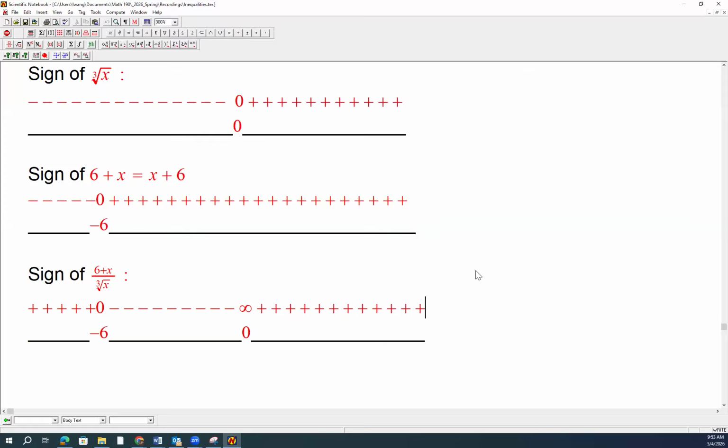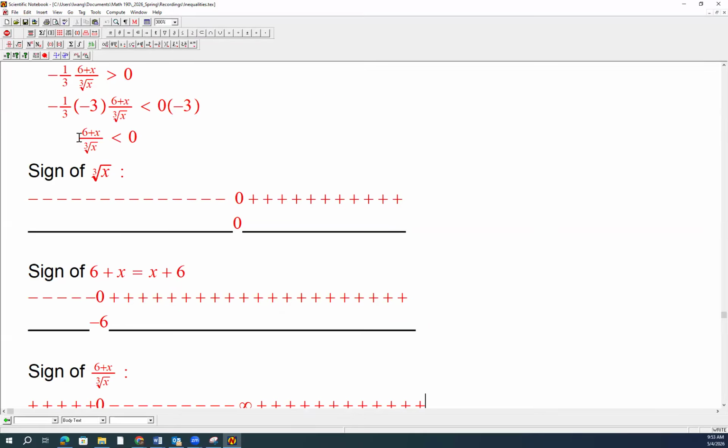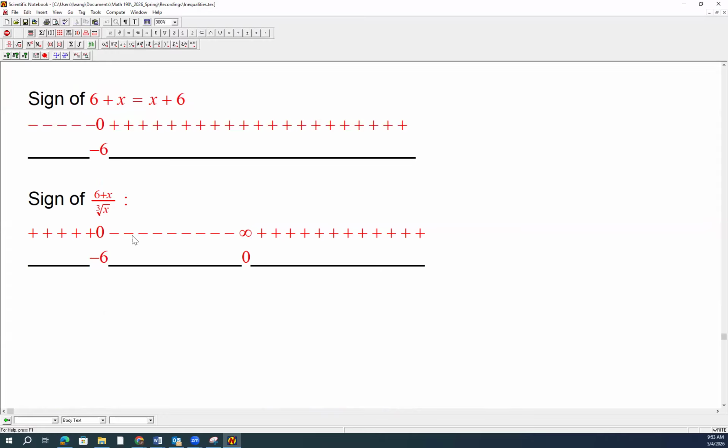So what will be the solution to this inequality? It would be between -6 and 0. So that solution would be -6 less than x less than 0.